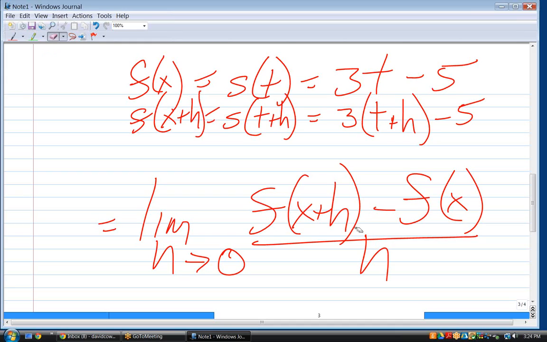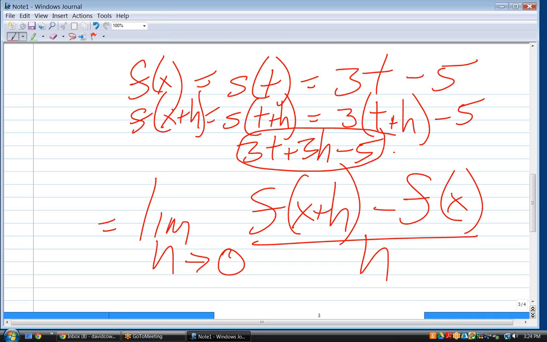Okay, so let's go into our definition here. F of x plus h is 3t plus 3h minus 5. That's f of x plus h.